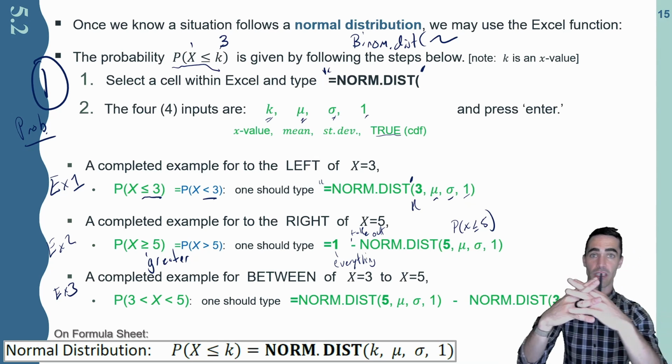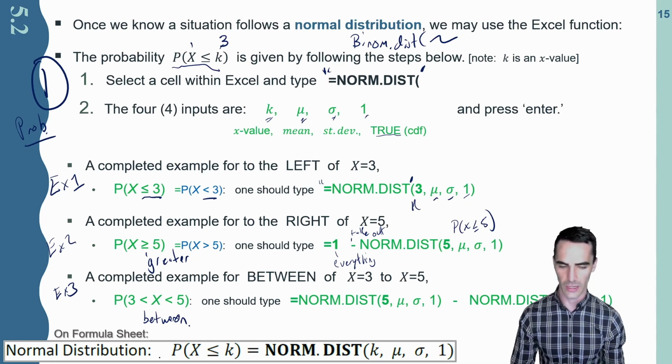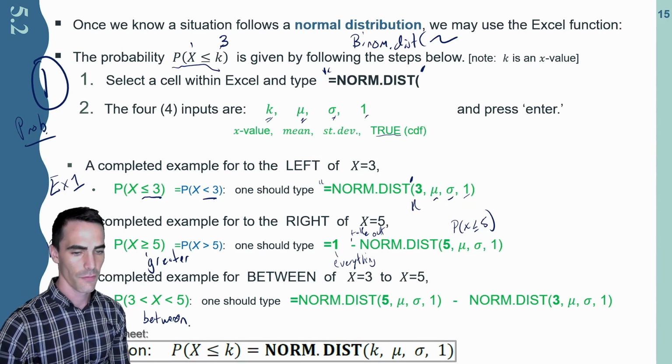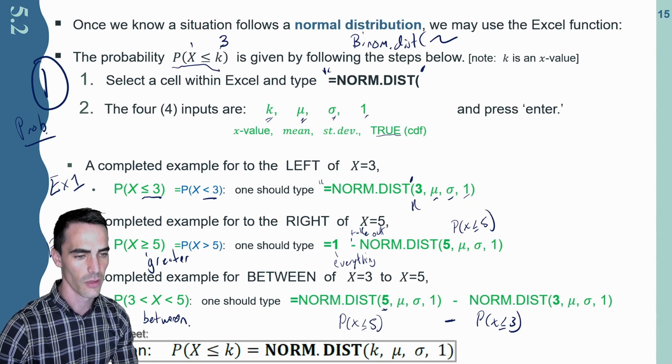Now the hard part is when these two things combine, when I have a between situation. All right, friendly enough, and let me swing it out of the way here so I'm not blocking the Excel function. We have normal.distribution for the 5, again, the probability that x is less than or equal to 5, and then minus the 3, the probability that x is less than or equal to 3.